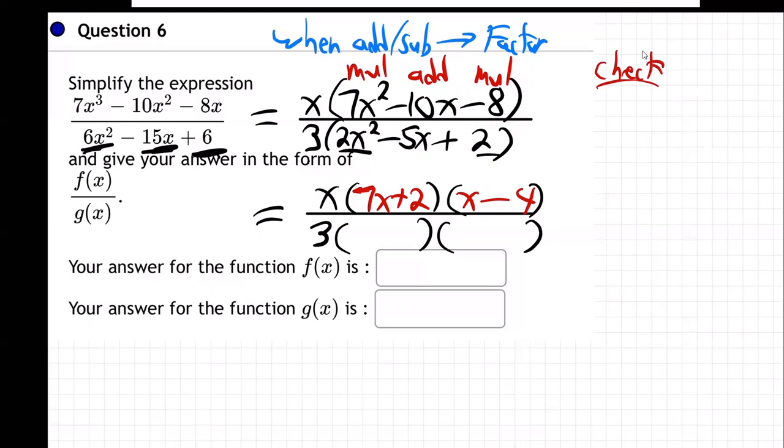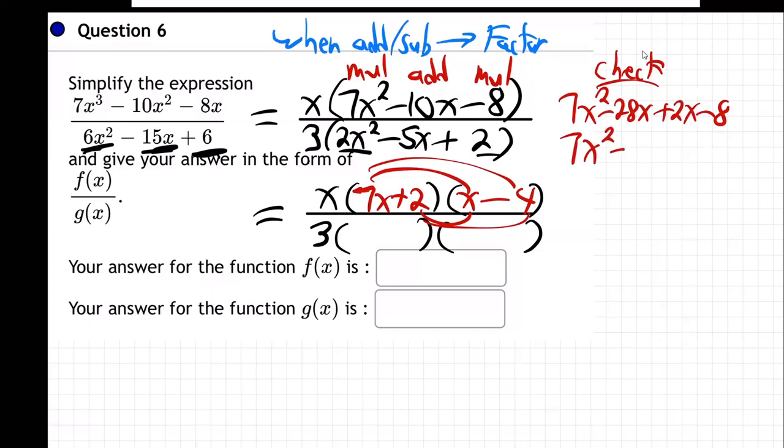So let's try. The 7x goes to both. What do you get? 7x squared minus 28x, and then this 2 goes to both, plus 2x minus 8. Remember, first to both, second to both? Okay, what does that make? Well, in the middle, it makes minus 26x, doesn't it? Minus 28 plus 2. That didn't work.